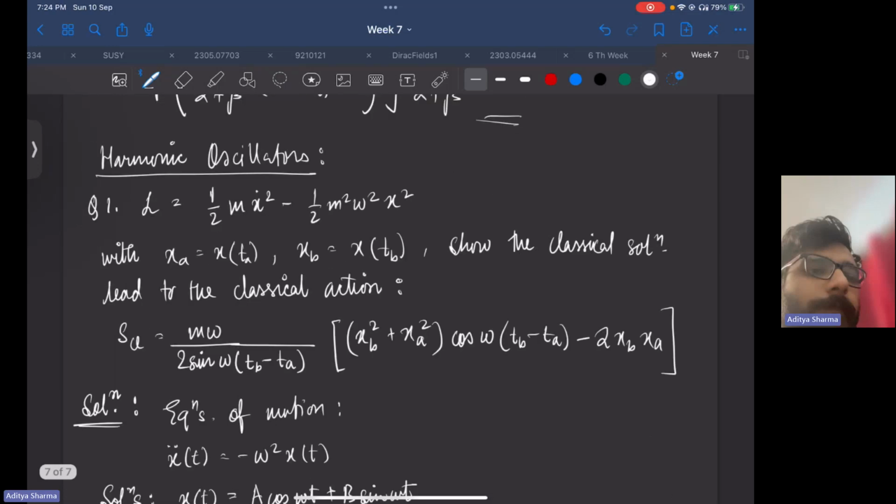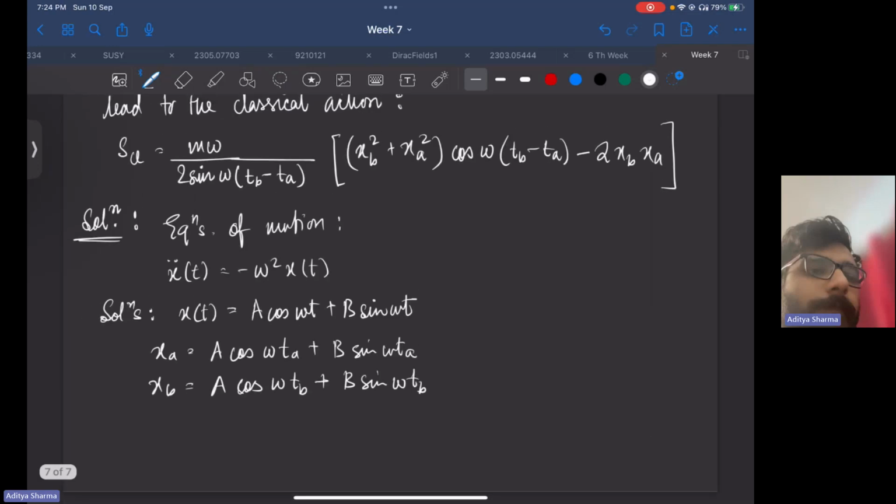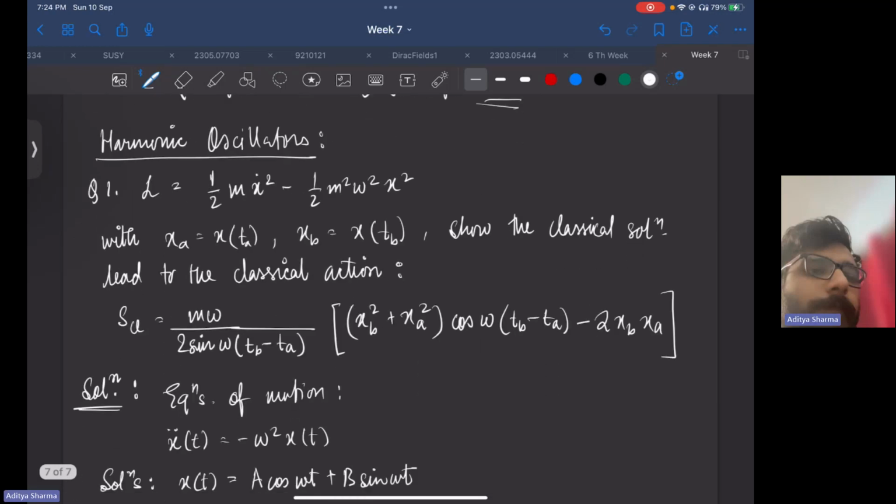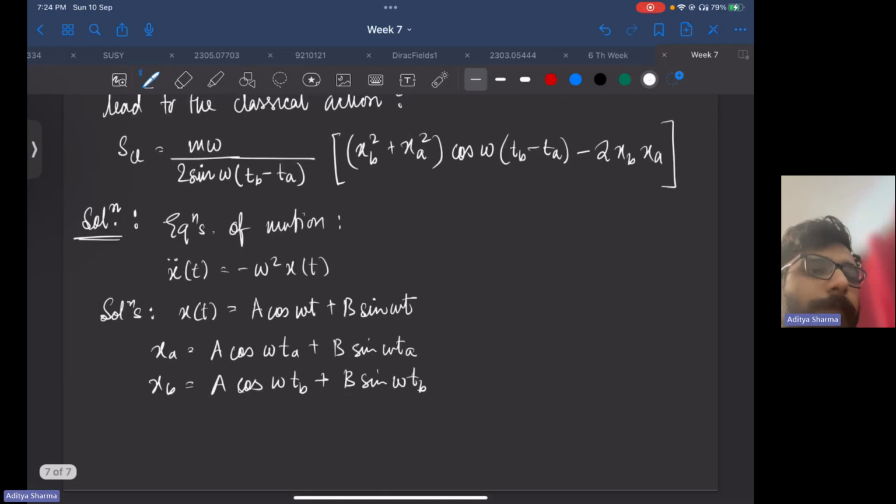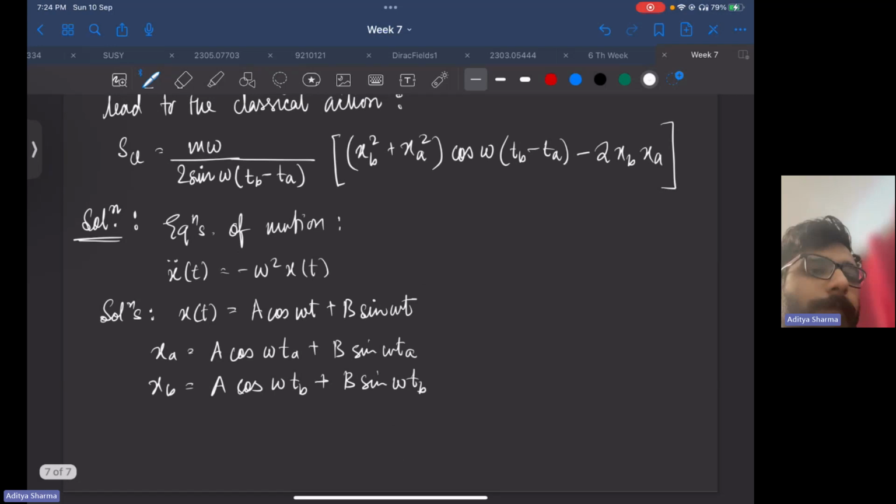There is one more thing which we can do, which will make our computations easier, which is this dt.